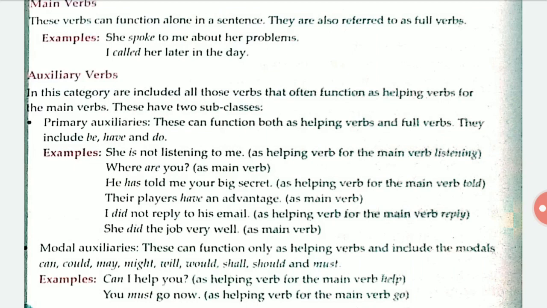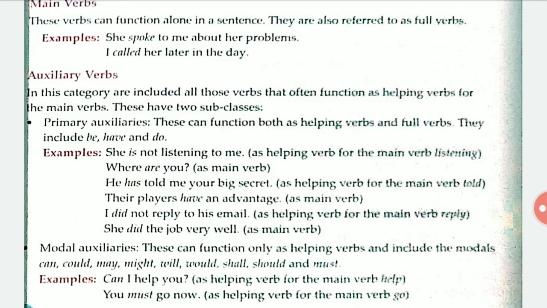In primary auxiliary verbs, they act as a full verb and they act as a helping verb also. And what are they? They are be, have and do. Examples: she is not listening to me. You can see it is a helping verb for the main verb listening.